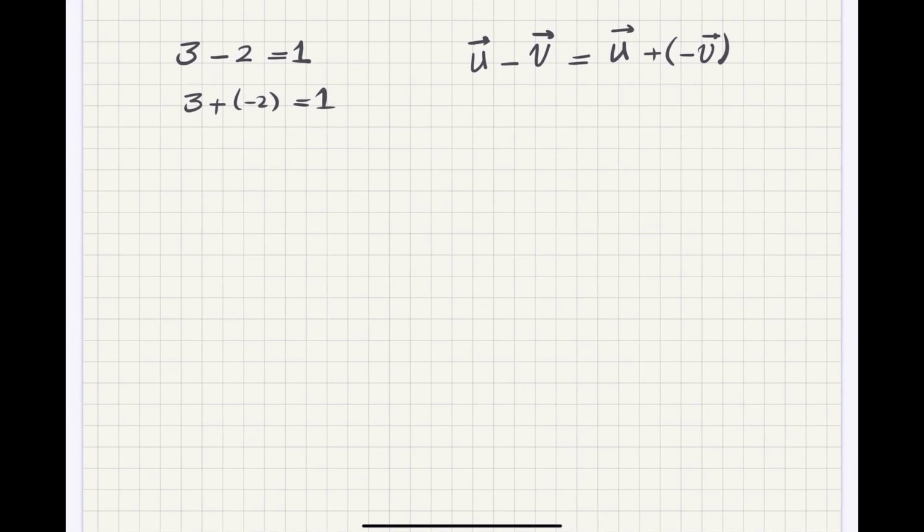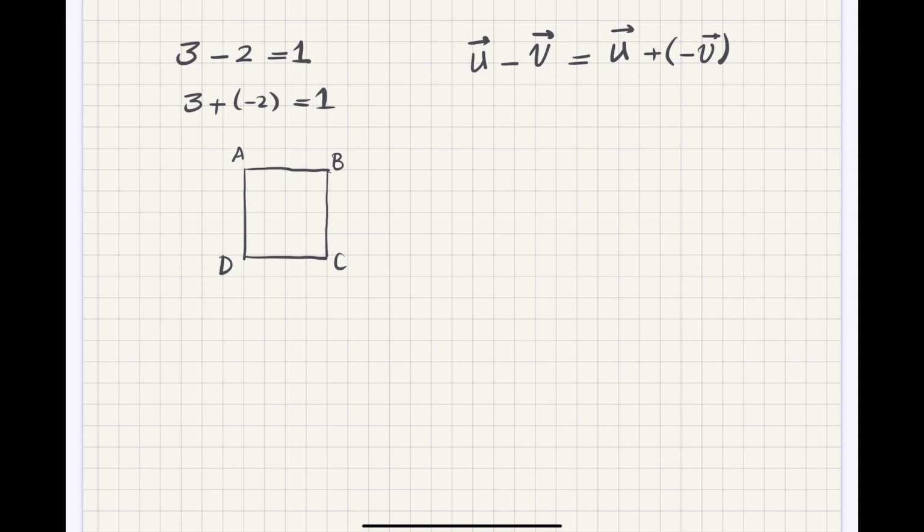I have a square here. Let me just draw it. Yes. So assume that this is your square.